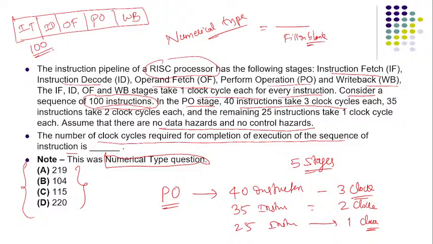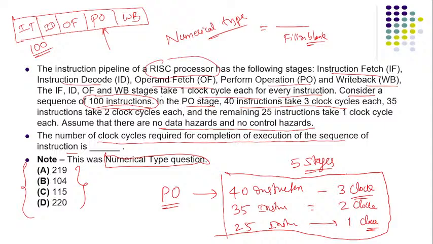और कितने instructions है? 100 instructions. But ये जो perform operation stage है ना, इसमें थोड़ा गड़बड़ है. गड़बड़ मीन्स क्या? It is taking more time. Like 40 instructions take 3 clock cycles, 35 instructions take 2 clock cycles, then 25 instructions take 1 clock cycle.